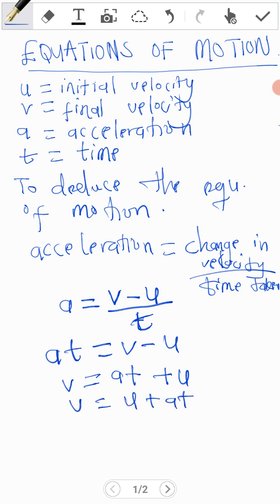It's the same thing. So that is actually our first equation of motion.